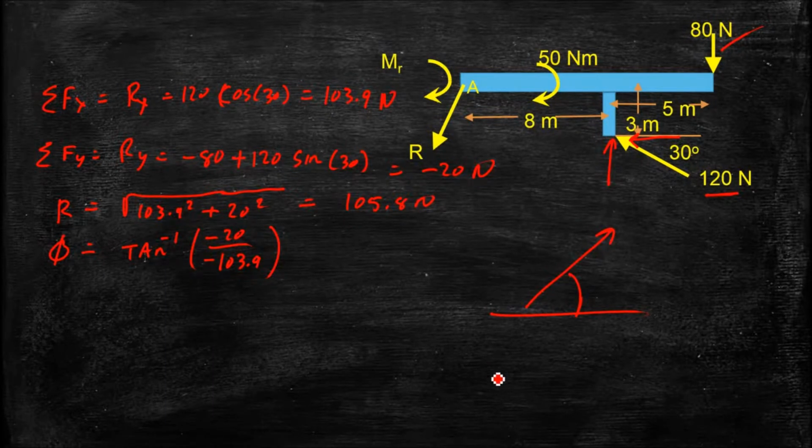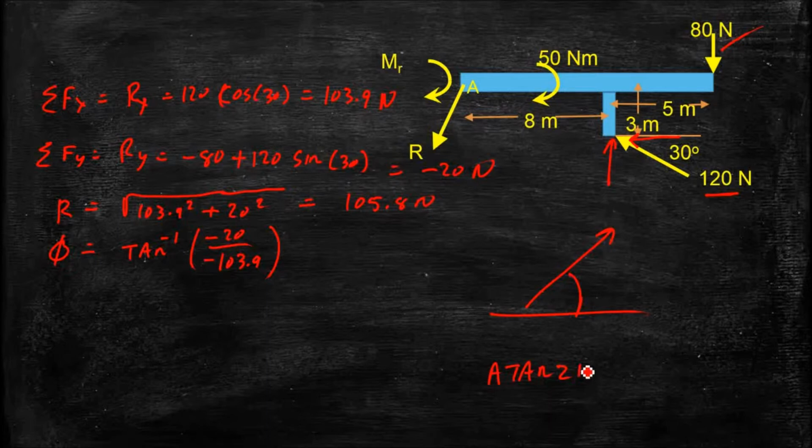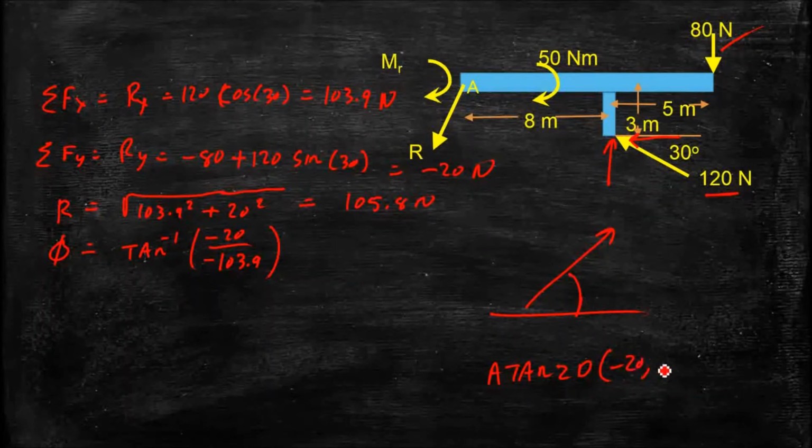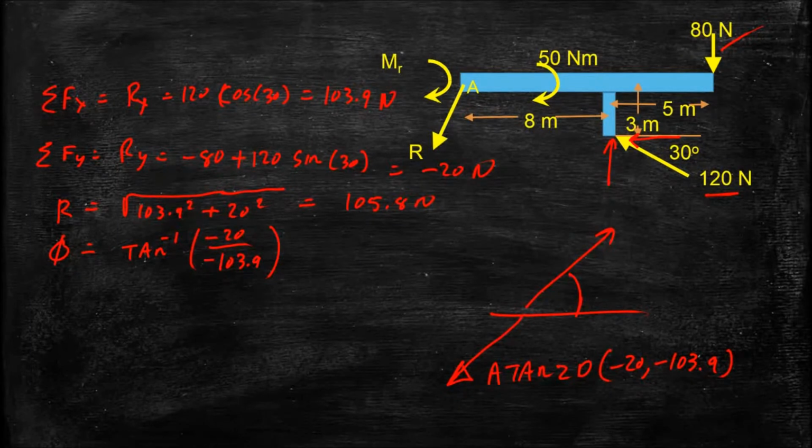There's a command in MATLAB, atan2, and since we're using it in degrees, I'll say atan2d, where I give it the minus 20 and minus 103.9, and it will calculate the angle such that the vector points in the correct quadrant.